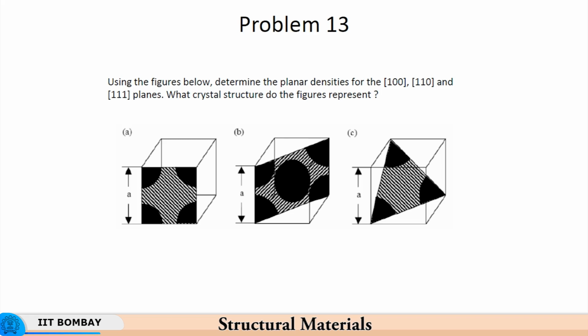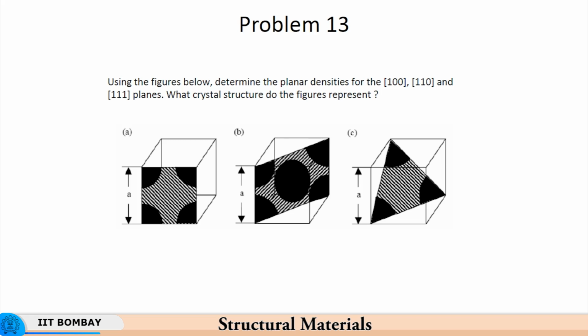So, root 2 a square is the area of this plane, and there are 2 atoms, so 2 divided by root 2 a square is the planar density for this plane. This shows which plane is more close packed. So, here we had 2 upon root 2 a square, which is basically root 2 upon a square.